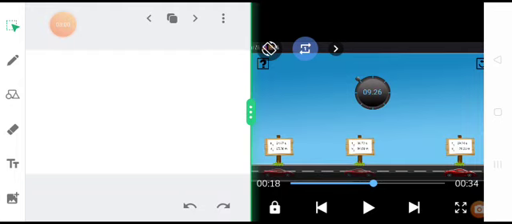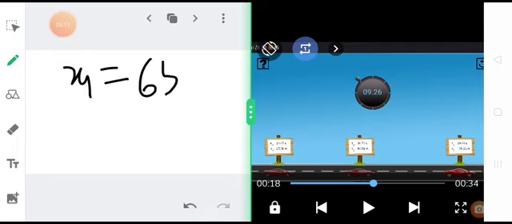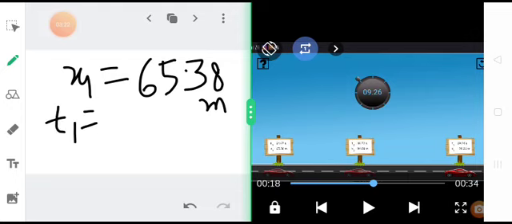So let's use the first value, for which position is x1 and that is equal to 65.38 meter. What is the time corresponding to it? Time is 4.67 second.